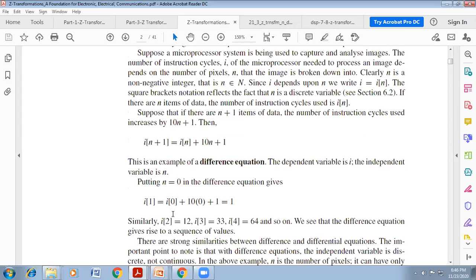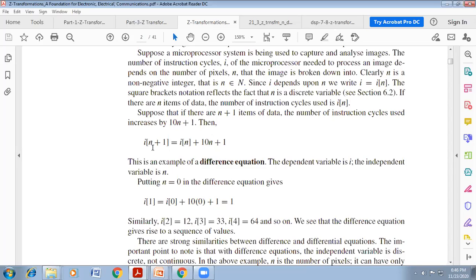Similarly, I2: putting n equals 1, I1 equals 1, then 10 into 1 is only 10, and adding gives a total of 12. Now I3: putting n equals 2, I2 was 12.